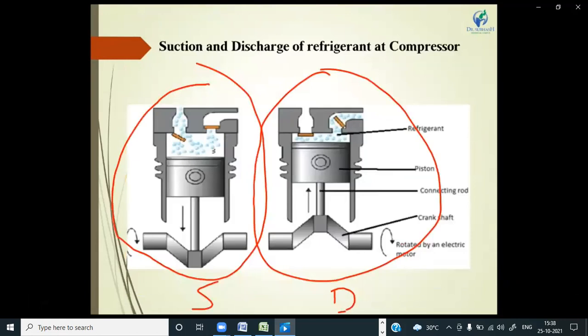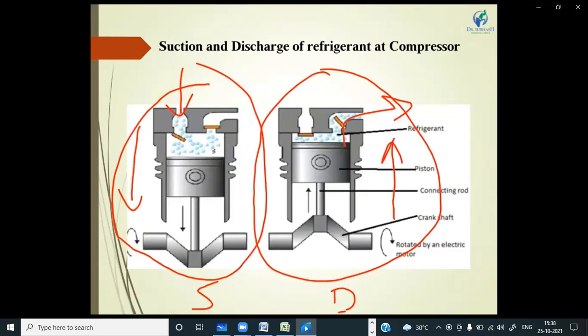First, the piston moves downward, the suction valve is open and the discharge valve is closed. Then in the second figure the piston moves upward, the suction valve is closed and the discharge valve is open, and pressurized gas comes out from the compressor.